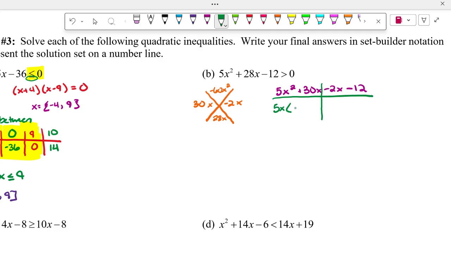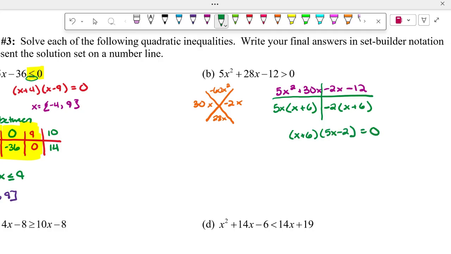What am I left with? X plus 6. Next group, what do I have to do first before I take a GCF? Bring down the negative. What's the GCF? 2. So what am I left with? X plus 6, because we took out -2. So what are my 2 factors? X plus 6, 5x minus 2.